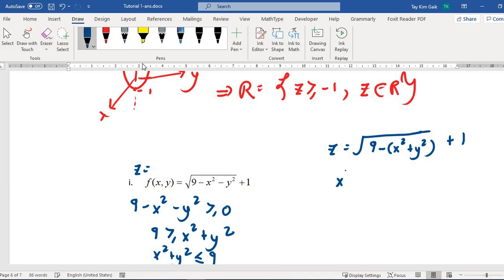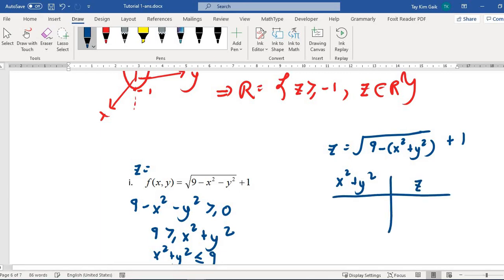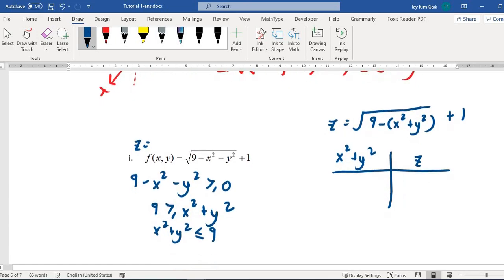When the domain is x squared plus y squared, what happens to your z? x squared plus y squared is always non-negative, so it can be 0 or go up to a maximum of 9.